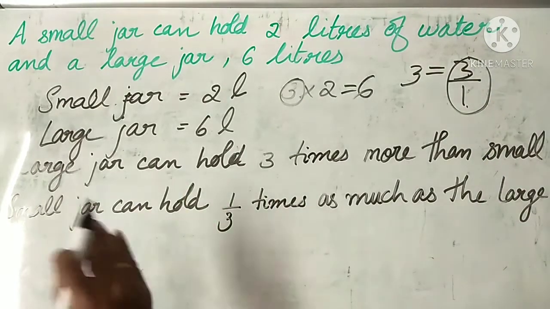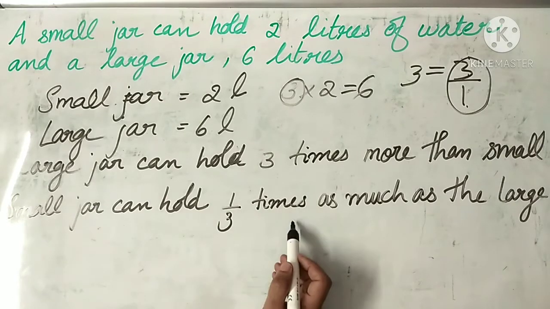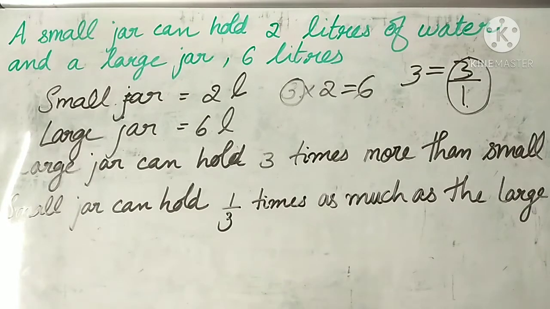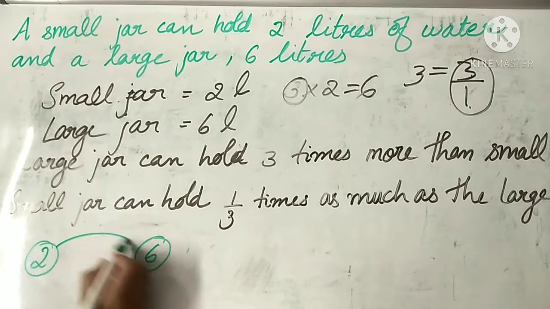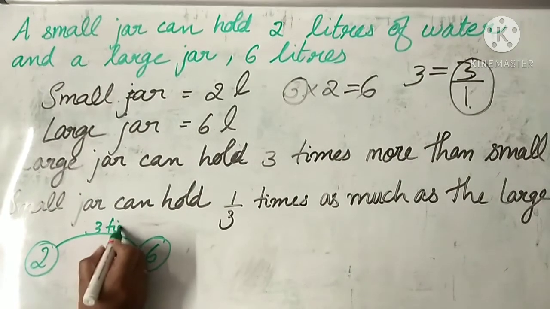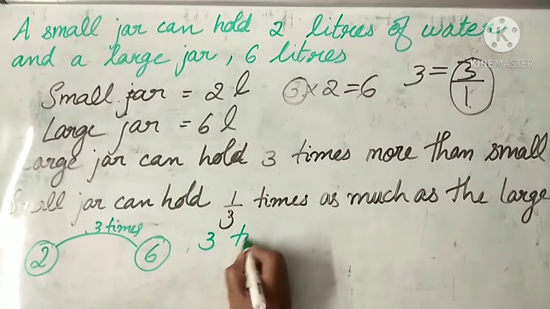So when we say it in reverse, we can say that small jar can hold 1 by 3 times as much as the large.